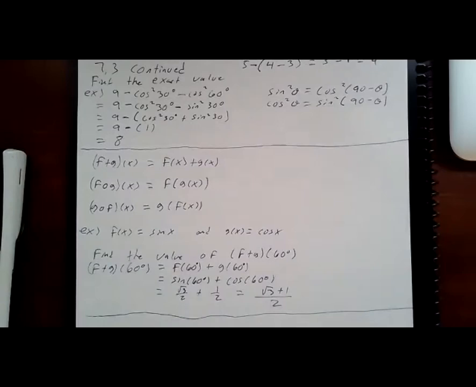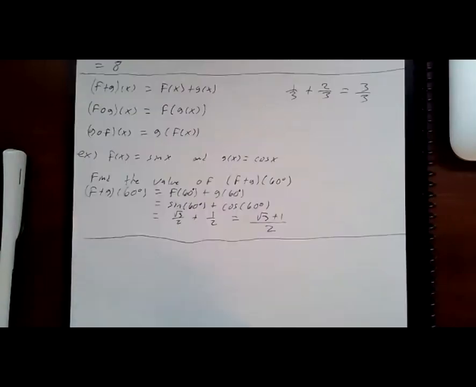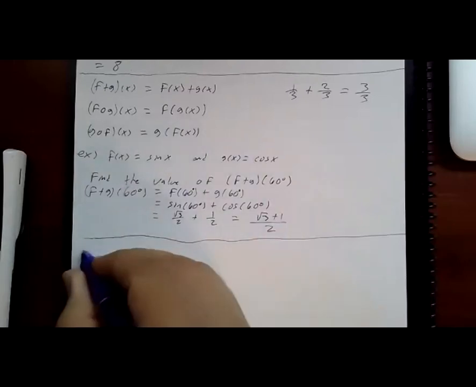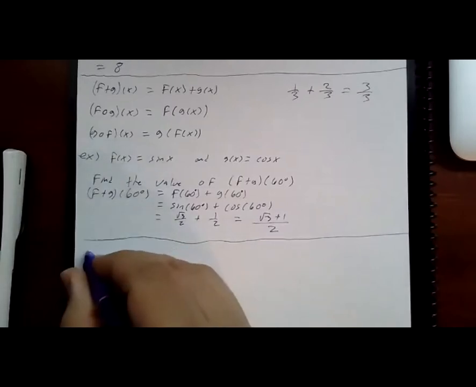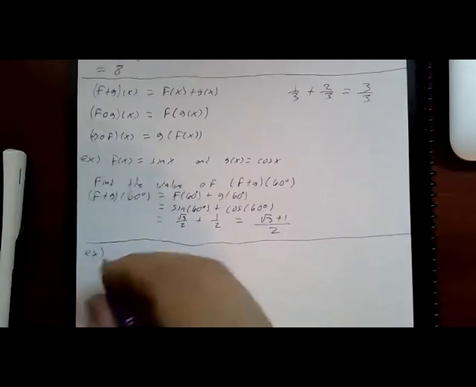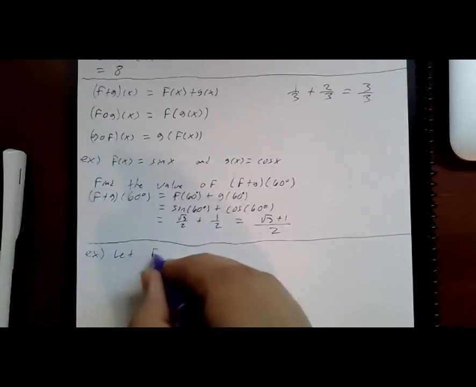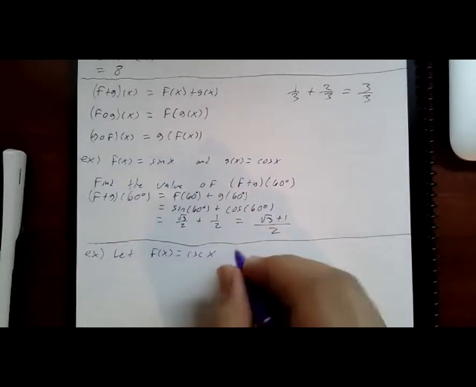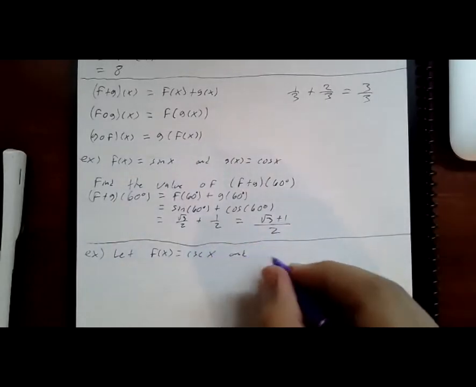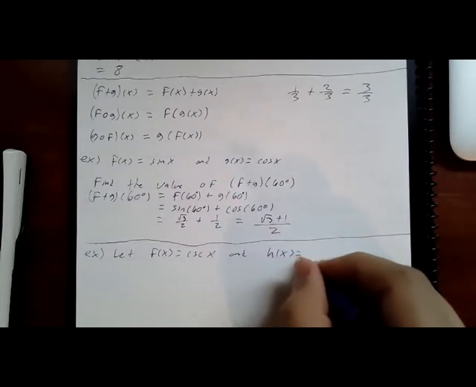I have a question. Why? Right. So the questions should define the trig functions, the f and g, first, and then they'll ask you something. For example, let's say let f of x equal cosecant of x and h of x equal 2x.